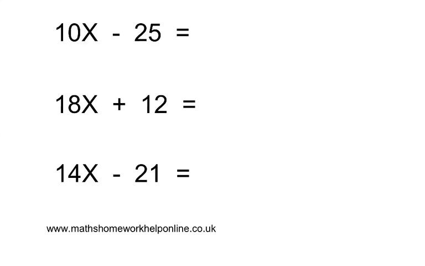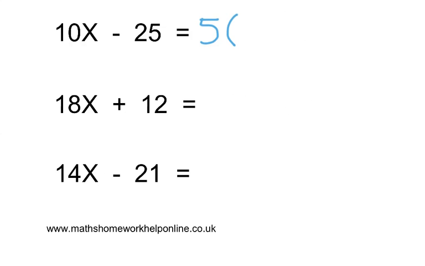Okay, so now let's look at some slightly harder examples. In these examples you can see that one of the numbers doesn't go exactly into the other one, but there is a common number that goes into both numbers. When we look at the first one, 10x minus 25, we can see that 10 doesn't go into 25 or vice versa, but we can see that 5 goes into both 10 and 25, so we can take 5 outside of the brackets.